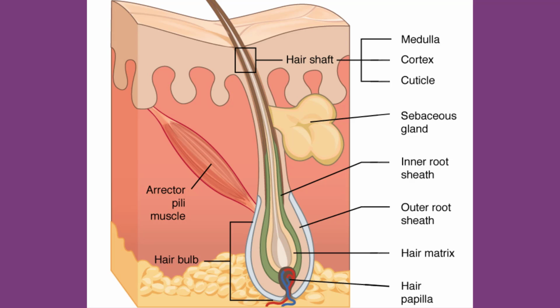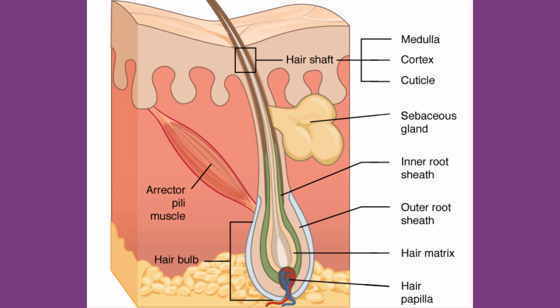And each hair root is connected to the smooth muscle called arrector pili that contracts in response to nerve signals from the sympathetic nervous system, making the external hair shaft stand up.